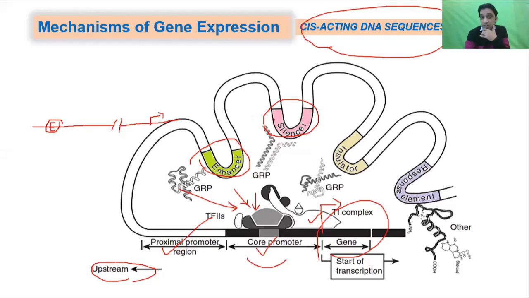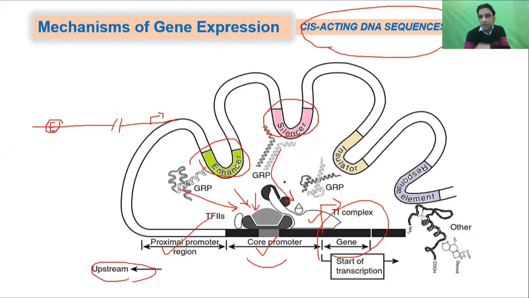So let's suppose there's a sequence called a silencer. It can recruit another protein called GRP. You can refer to any XYZ protein here, okay? It's a regulatory protein. It binds another type of regulatory protein, but this regulatory protein can actually block the function of RNA pol 2.